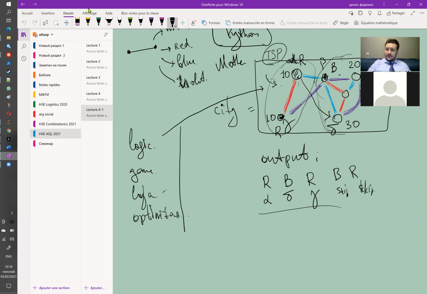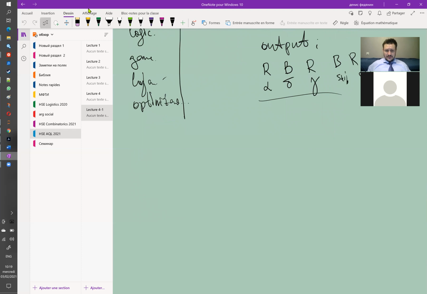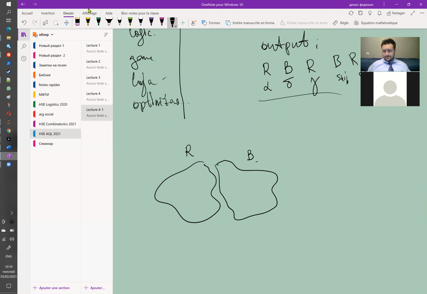One solution can be the following. Let's say we have some area for the red player, some area for the blue player, for example, in this case, or maybe we have another area for red, if the red player has several shops.